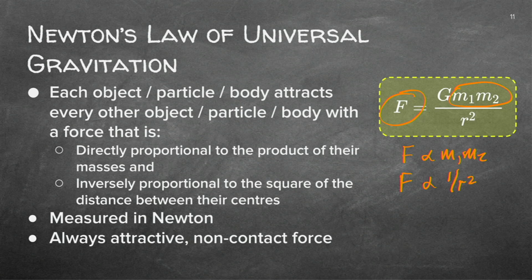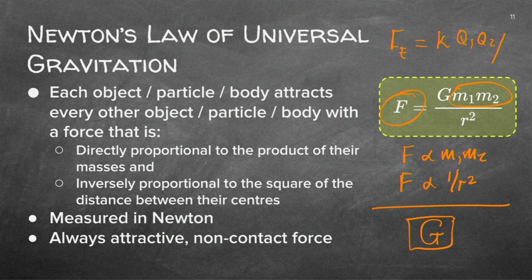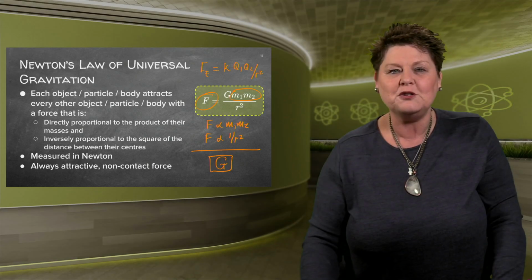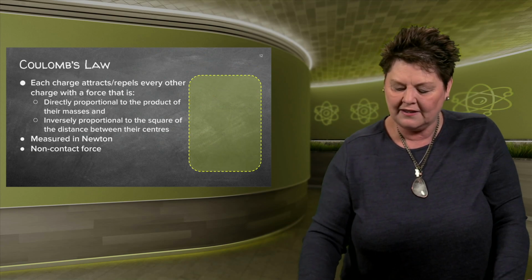And the constant that Newton used is the constant G. So can you see the resemblance when we now say the electric force is equal to kQ1Q2 over r squared. And in matric, they'll ask you questions where you've got to use both these equations, and you'll be able to do it. I'm sure it's not that difficult.